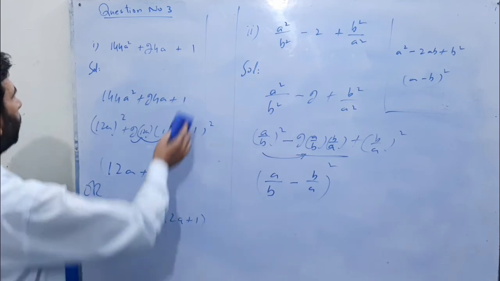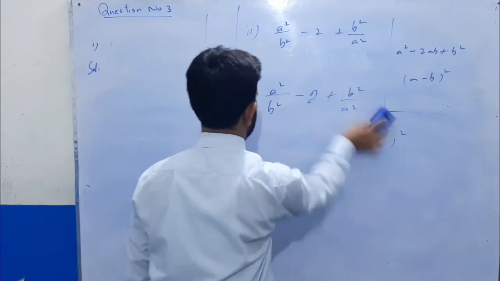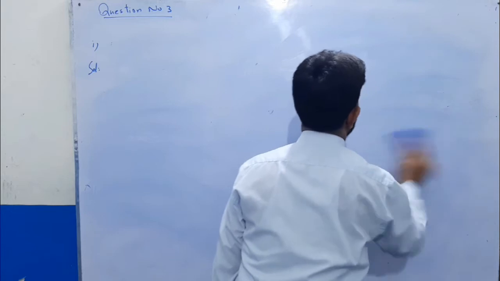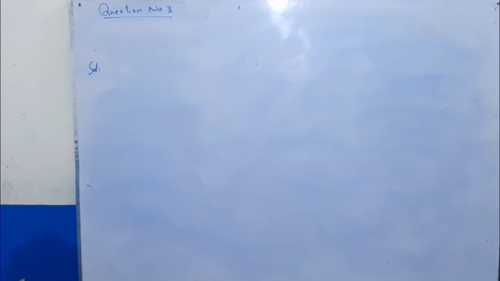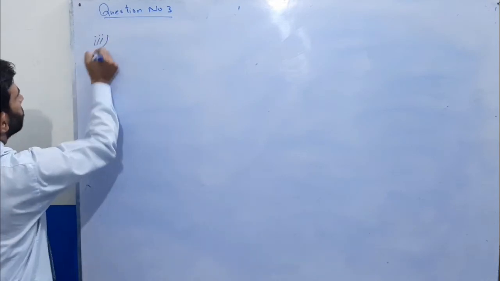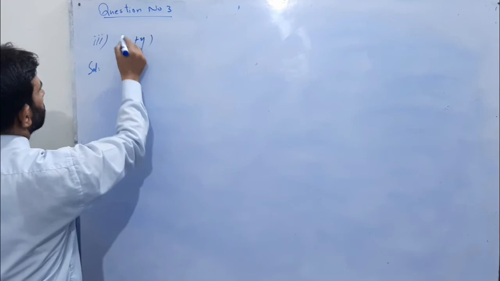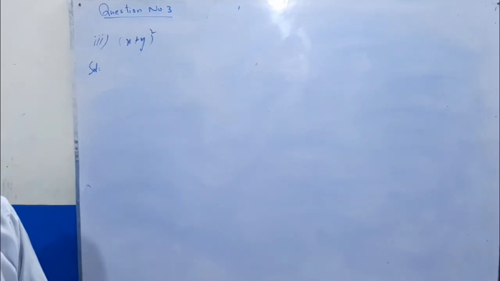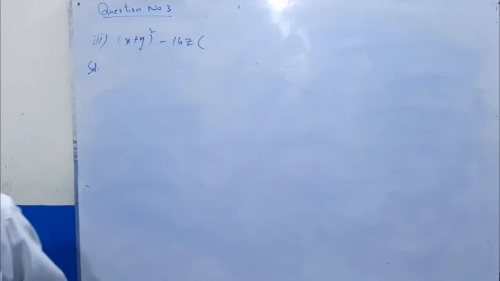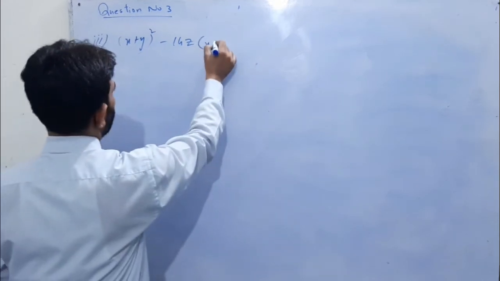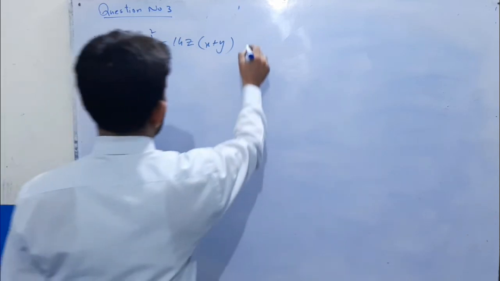Question number 3, part 3. It's x plus y whole square minus 14z into x plus y plus 49z square.